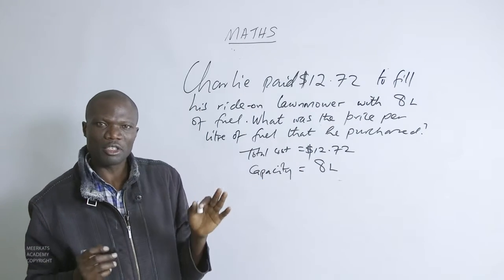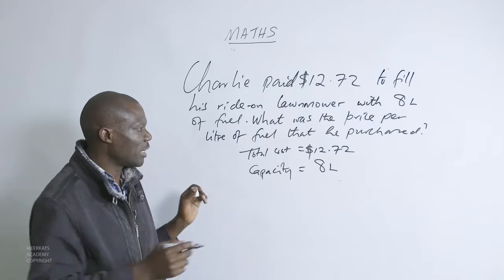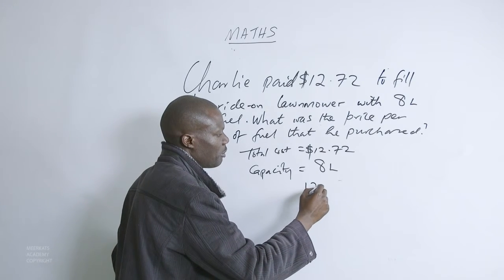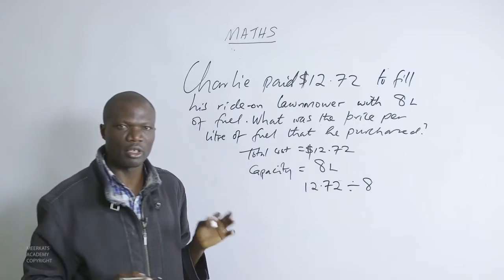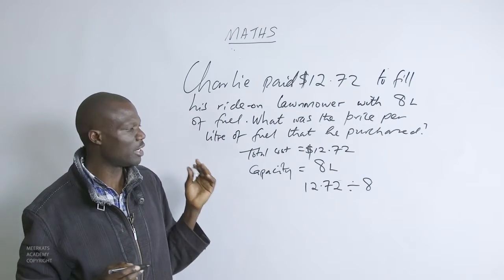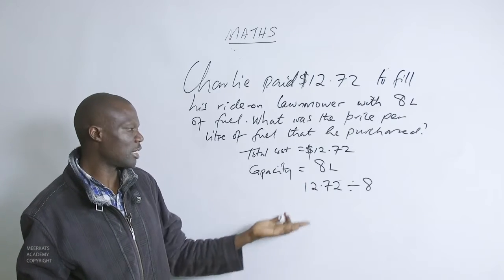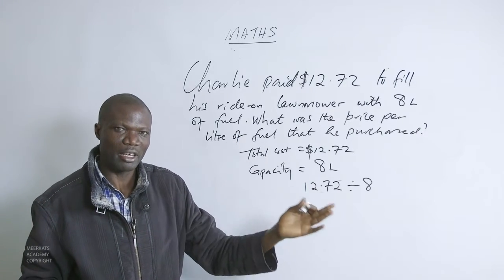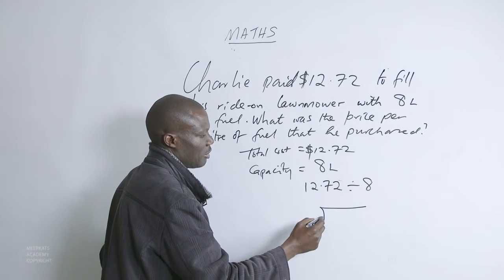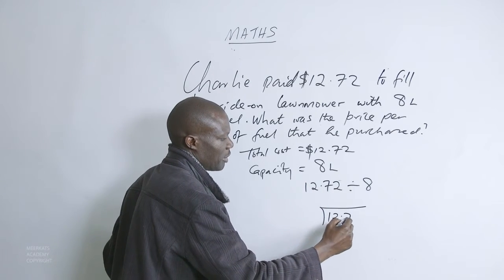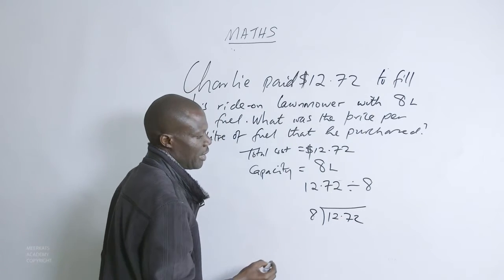So to find the cost of 1 liter, it will be 12.72 divided by 8. This is a decimal divided by a whole number. So we go into it in a normal way, that is 12.72 divided by 8.